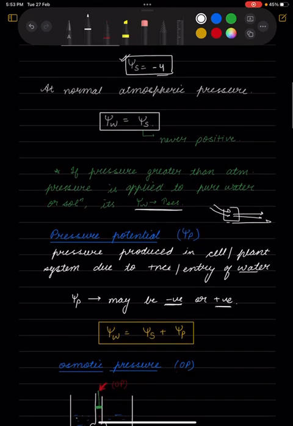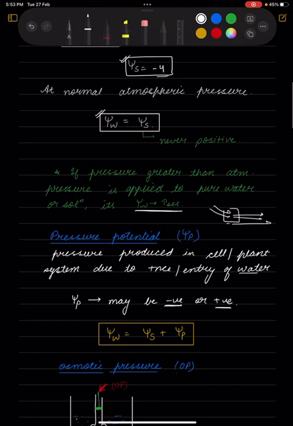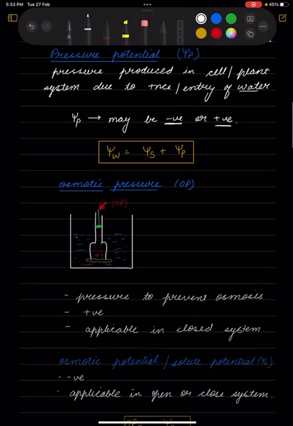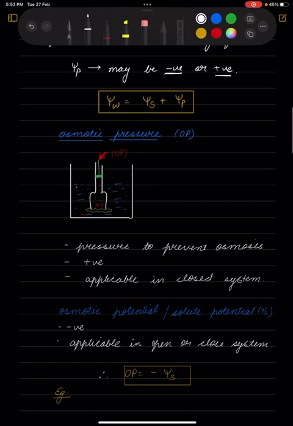At atmospheric pressure, water potential is equal to solute potential. Then the pressure potential is the pressure produced in the cell due to the presence of water. It may be positive or negative, and this is the combined formula. I will discuss more about it when I discuss diffusion pressure deficit at the end of the lecture.